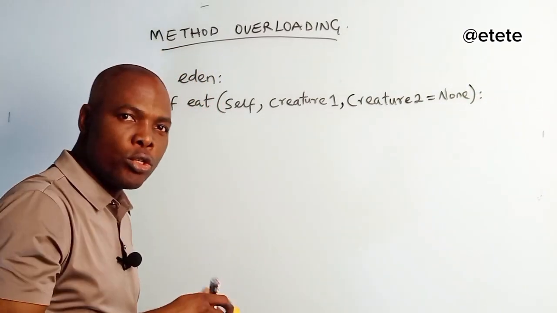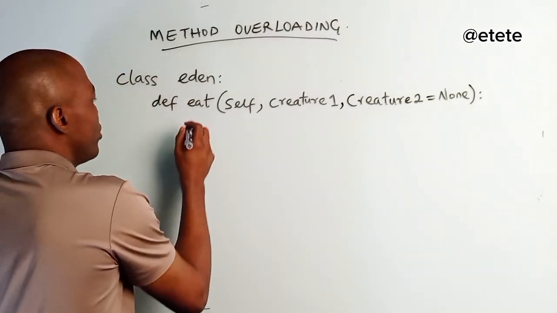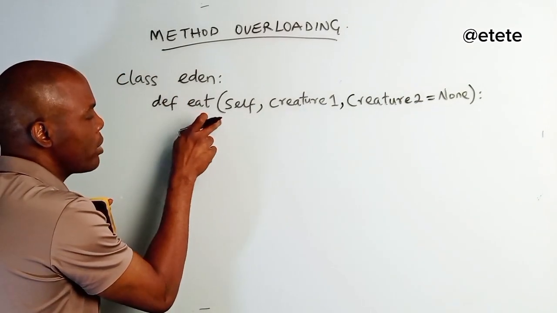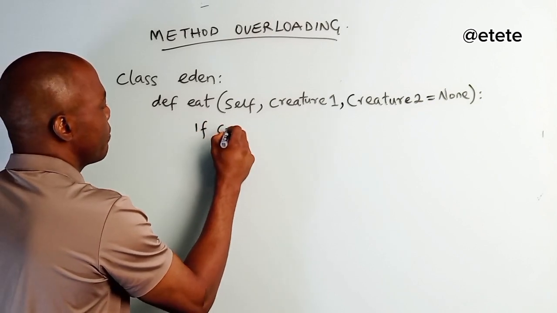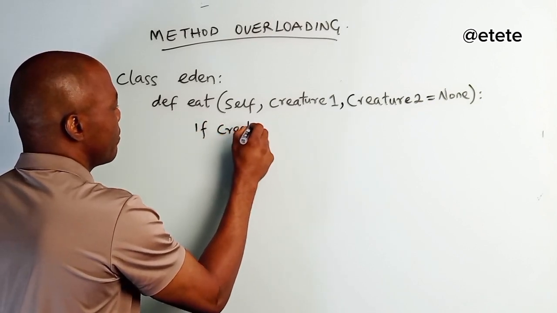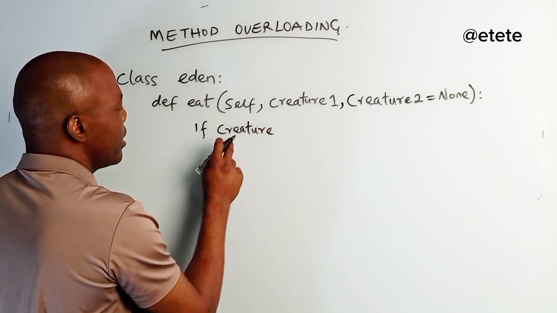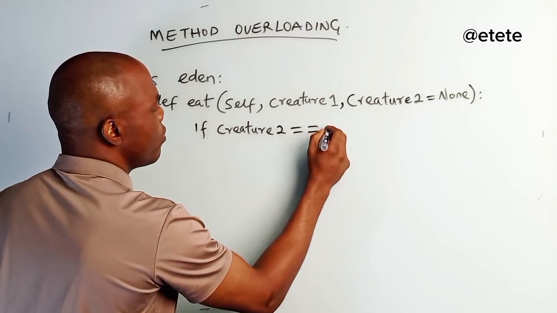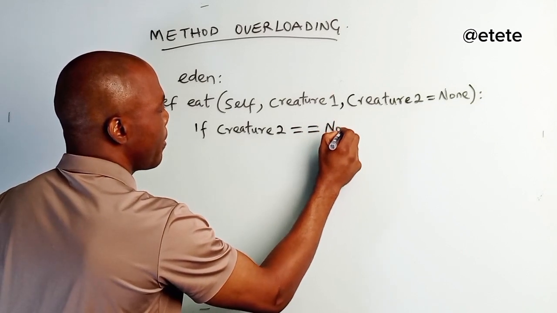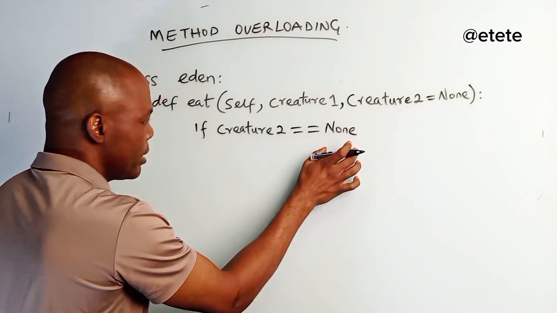Then I'm going to introduce an if statement. So inside my method, I'm now going to say if creature 2 equals none, right? Which is this.